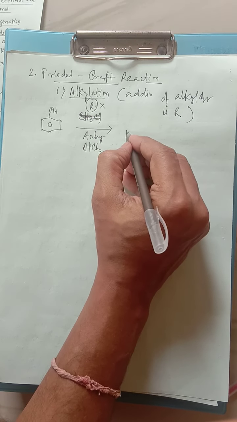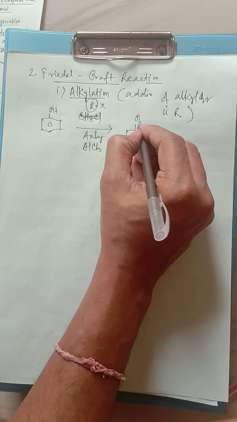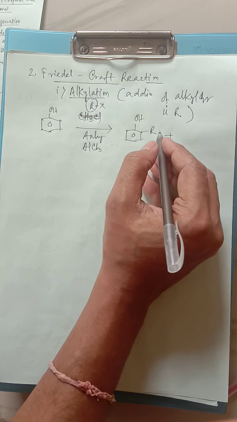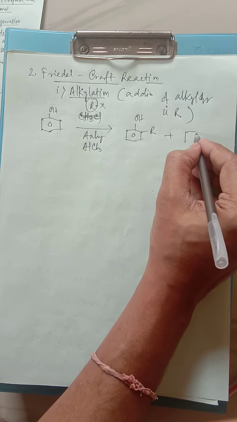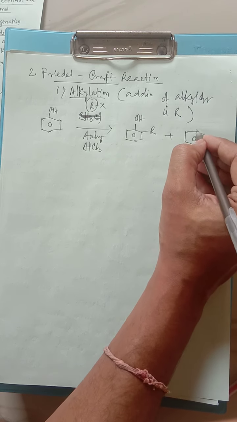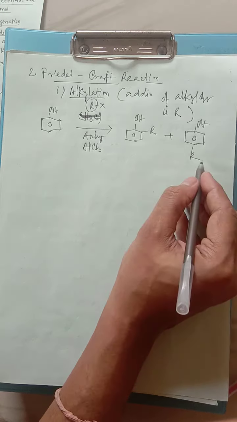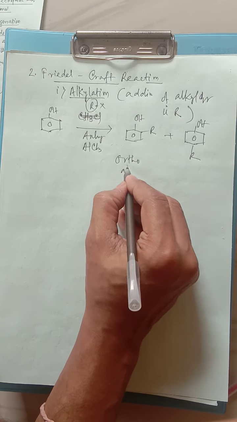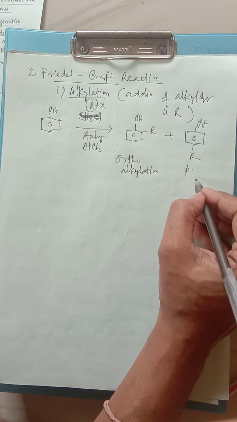So the product will be OH, and the alkyl group is added as a substituent. That means a bond is prepared between the alkyl and the ortho position, and this is the para isomer. So this is ortho alkylation, and this is para alkylation.